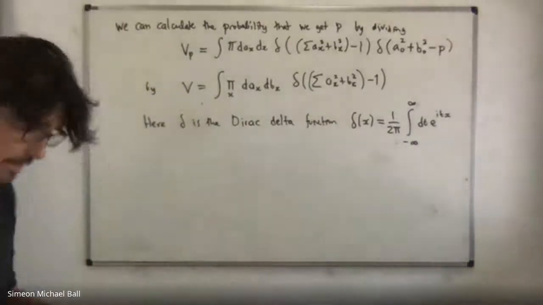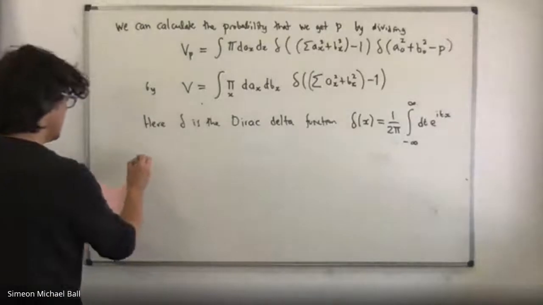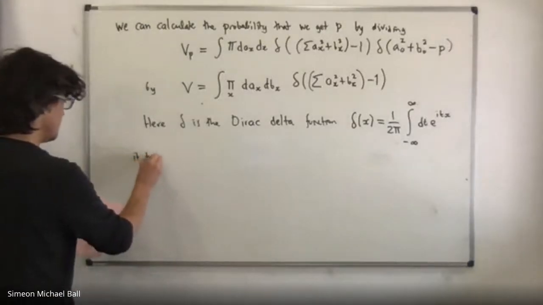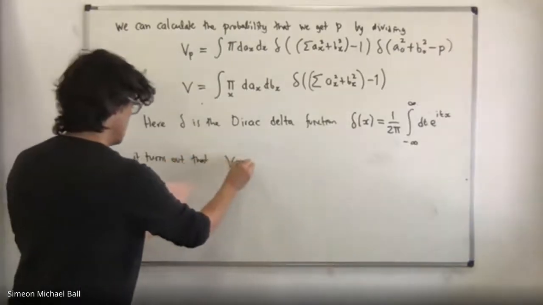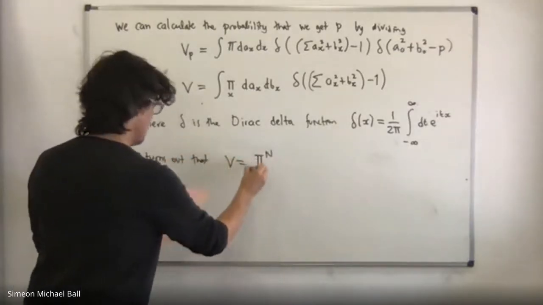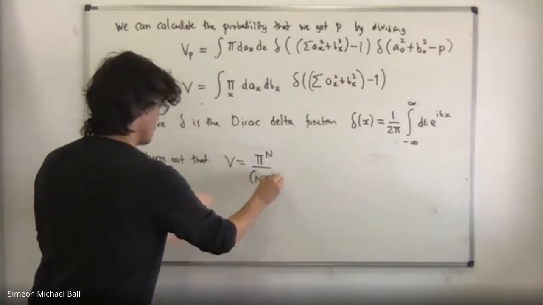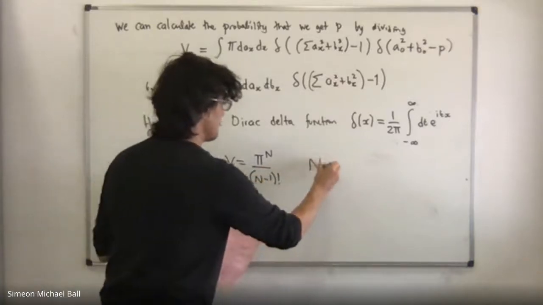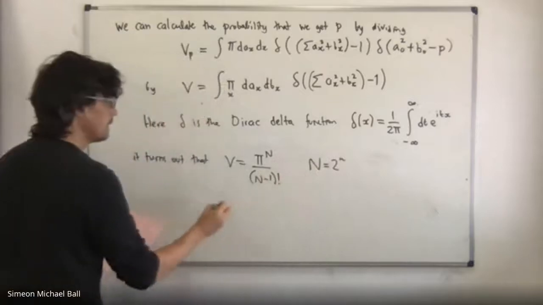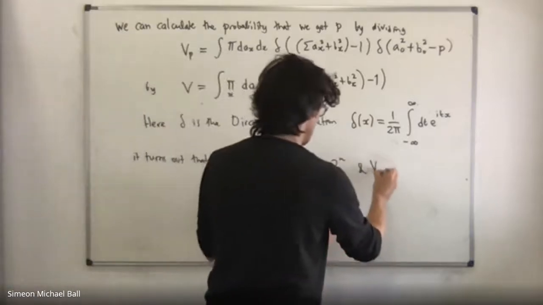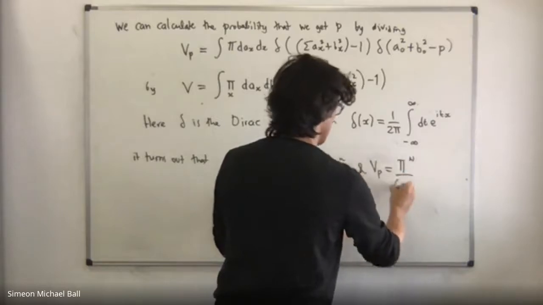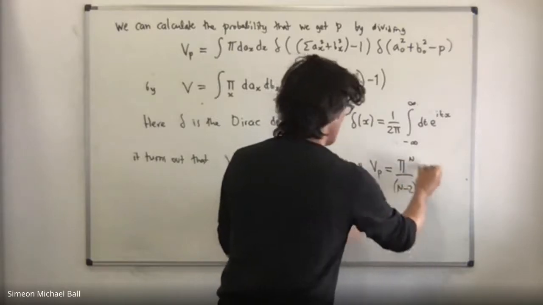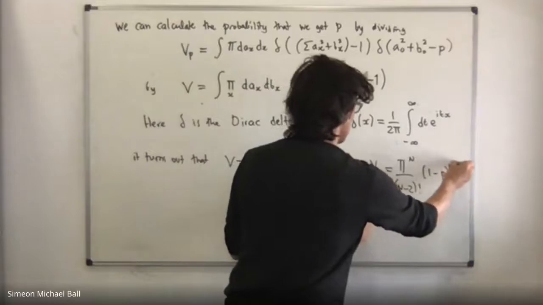So it turns out that V is pi to the n divided by (N minus 1) factorial. Here N is 2 to the n. And V_p is pi to the n divided by (N minus 2) factorial, times (1 minus p) to the N minus 2.